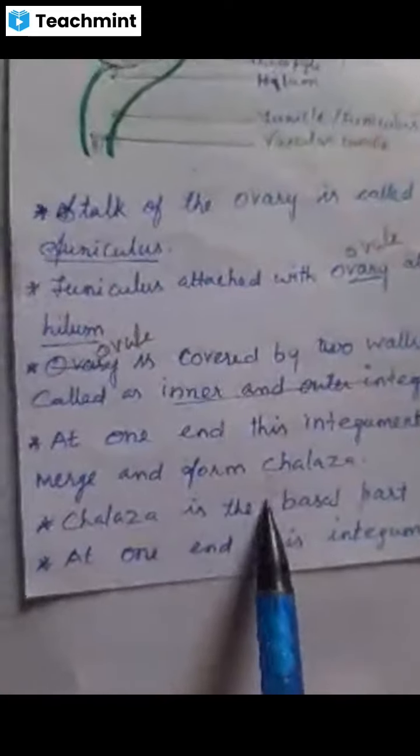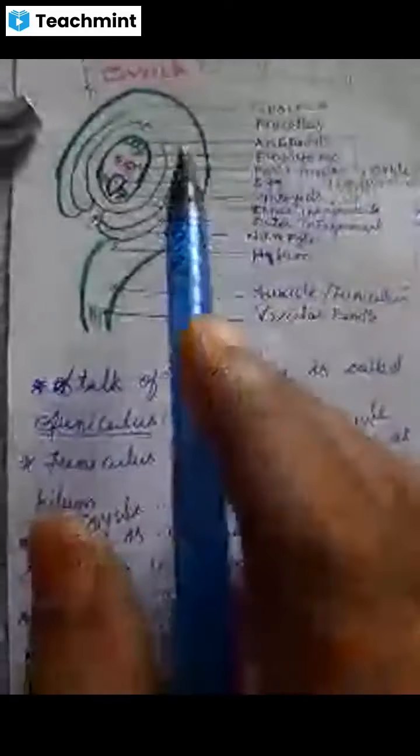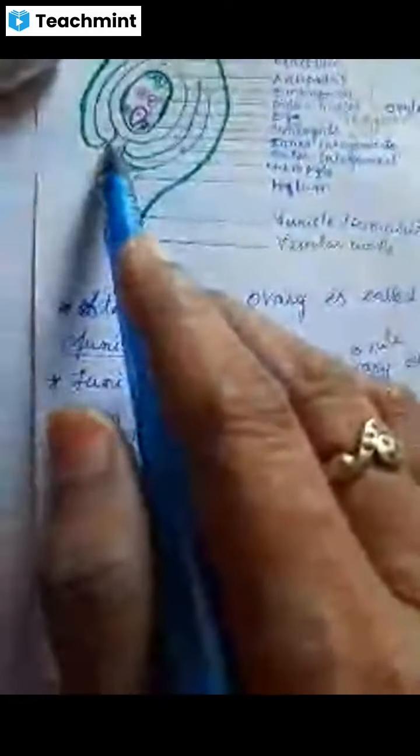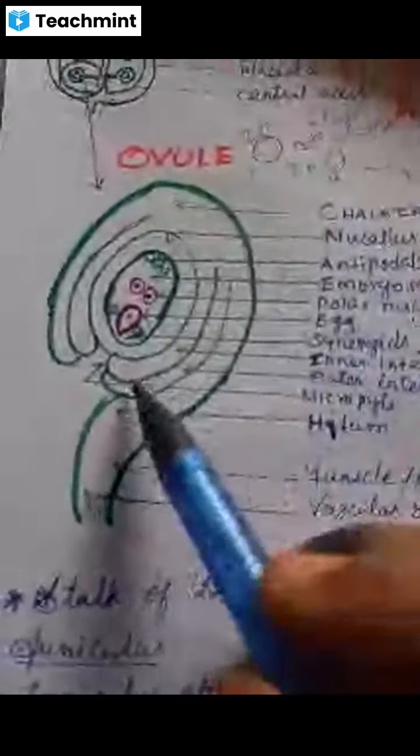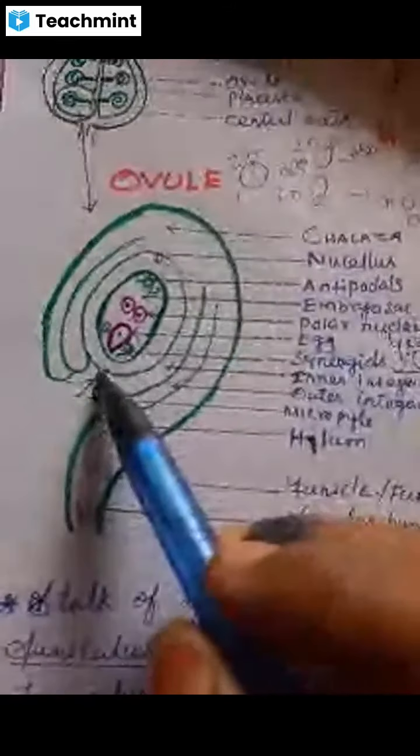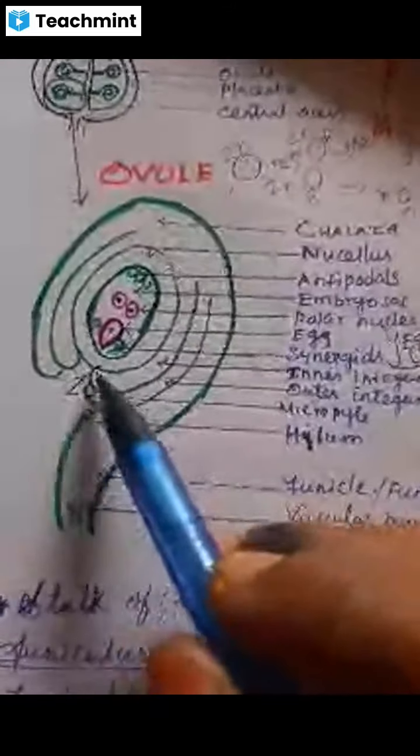This chalazal region is the basal part of the ovule. At the other end, the terminal part, the integuments leave an opening.